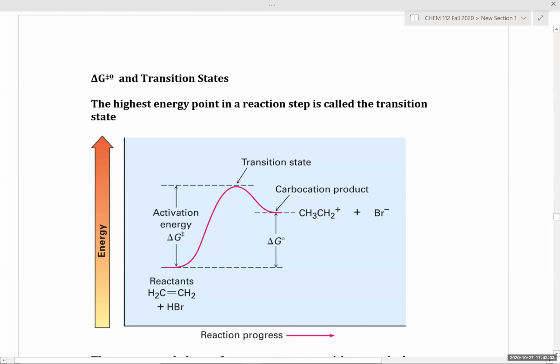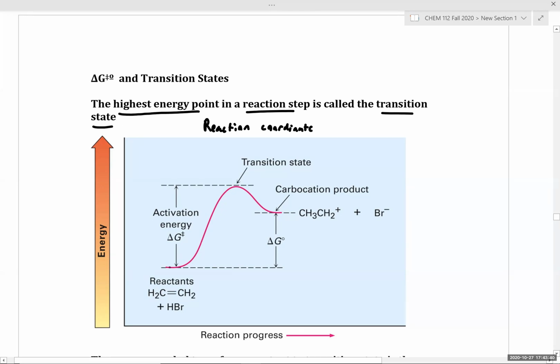First and foremost, this graph is known as a reaction coordinate, and it describes the energy of our different reactants, products, as well as intermediates, including the transition states, as a function of reaction progress. Now, looking at this reaction coordinate, the highest energy point in a reaction step is called the transition state.